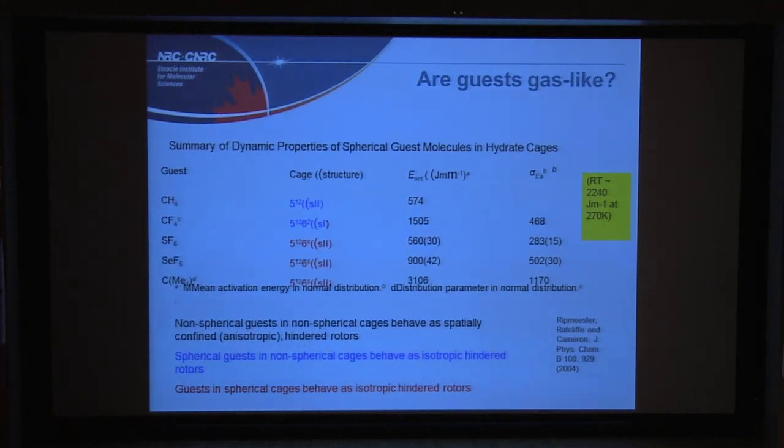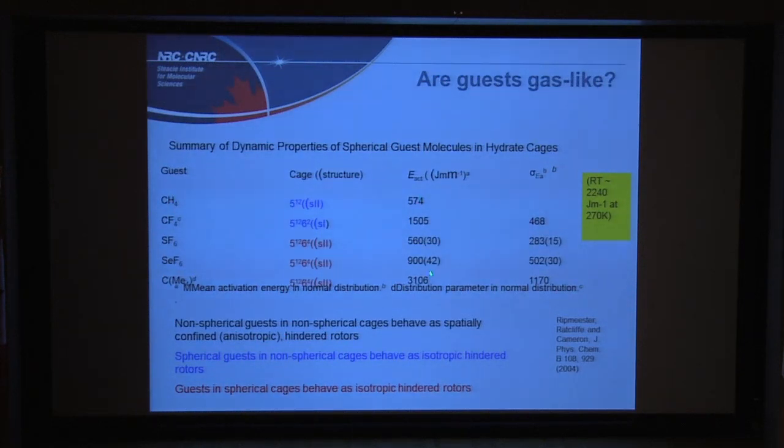Just a final look at some dynamic properties of spherical guest molecules in hydrate cages. And this pertains to the question of whether guest molecules can be thought of as gases. Over the years, we've been able to measure a number of rotational activation energies for rotation of the guest in the cage, for a number of these spherical molecules.